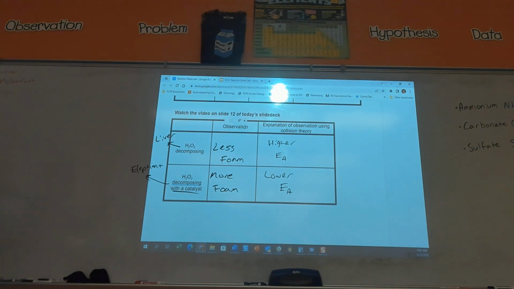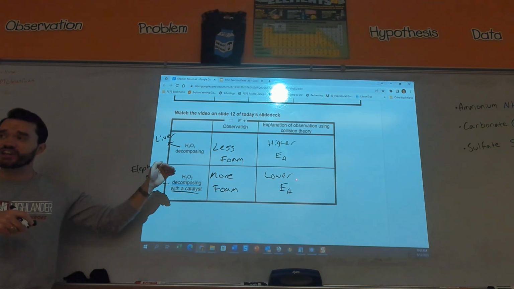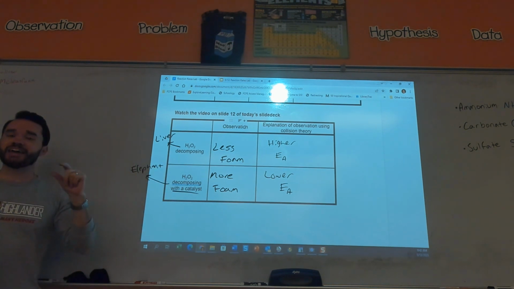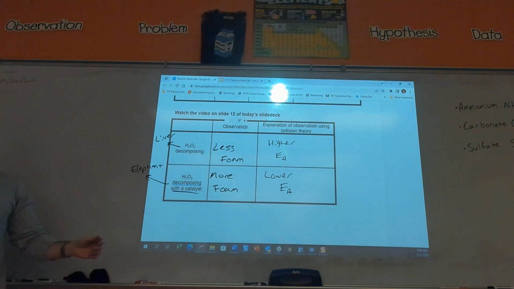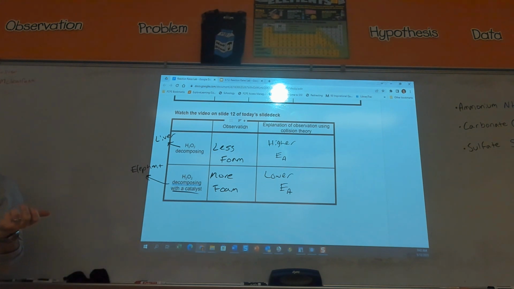But if you want to really explain it, the lower activation energy means you're going to meet the energy investment demand to make more and more of the product. The product that we really needed to make in order to make that foam was trapping that oxygen gas. So having that catalyst present allowed us to make more and more of that oxygen gas. And we were able to do that because you had a lower activation energy with the catalyst.